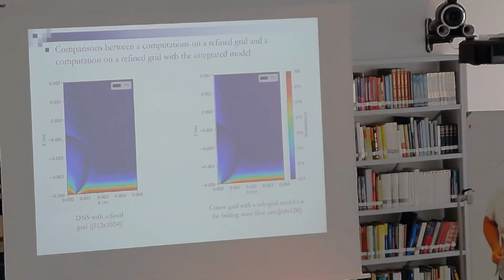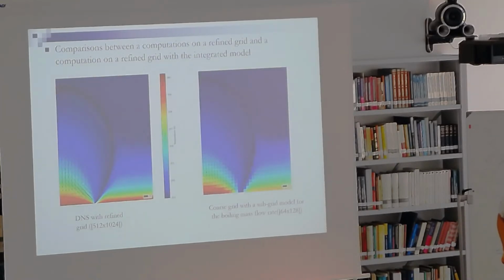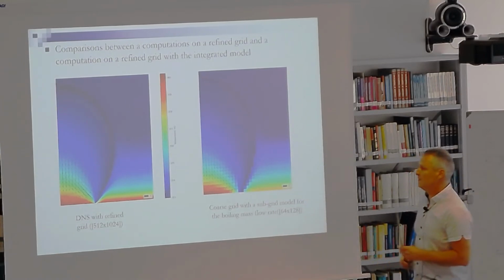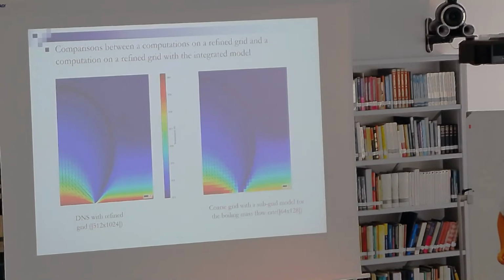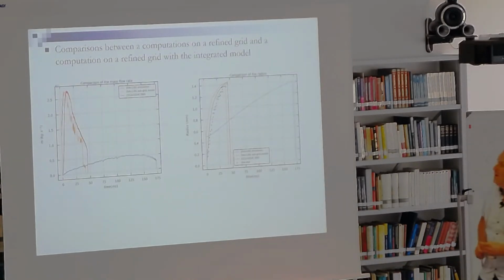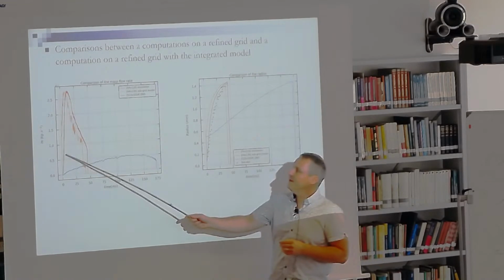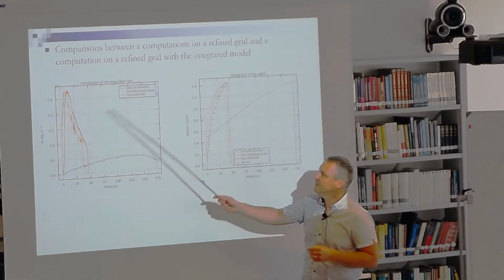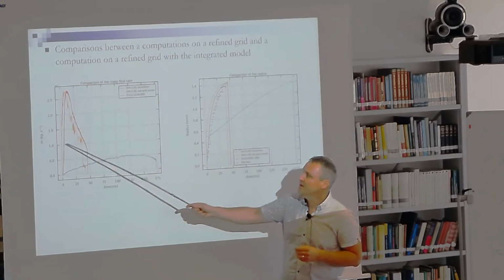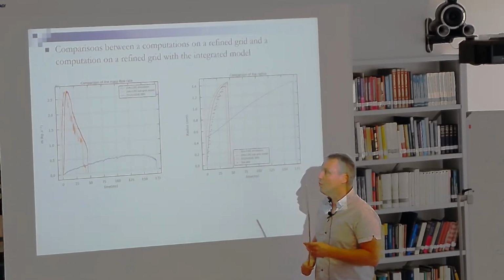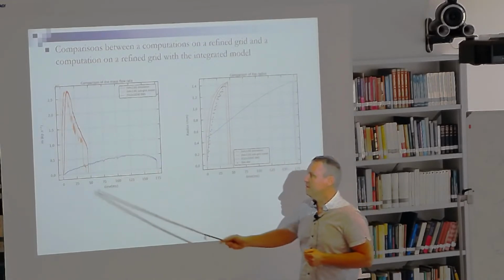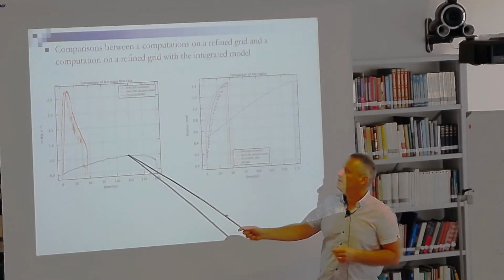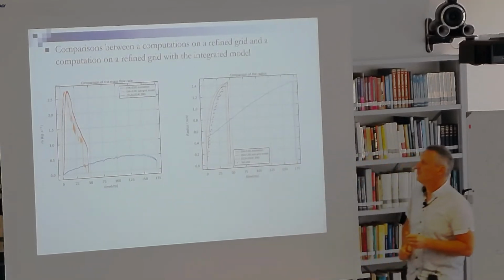This is qualitative. Just a snapshot of the velocity to see that it looks rather similar at a given time. And now we observe here the orange point, which comes from the integrated model, compared to the well-resolved DNS, and we reproduce roughly the same trend and a much lower mass flow rate than in the case with just a coarse grid.